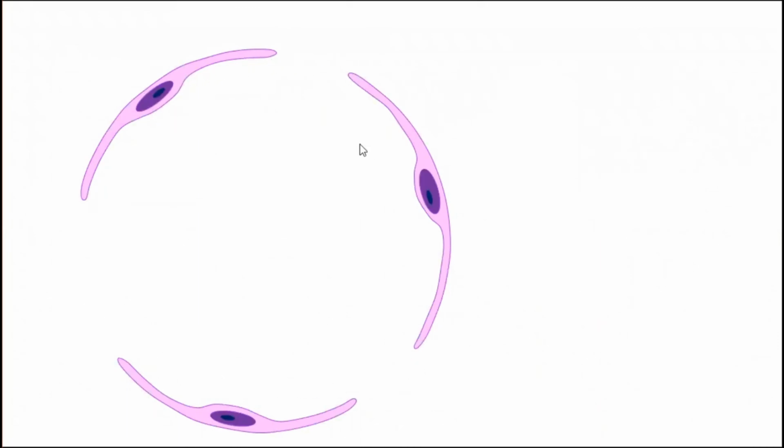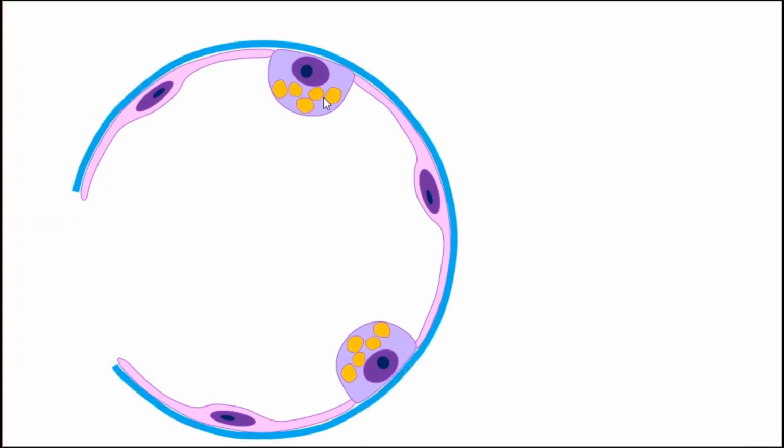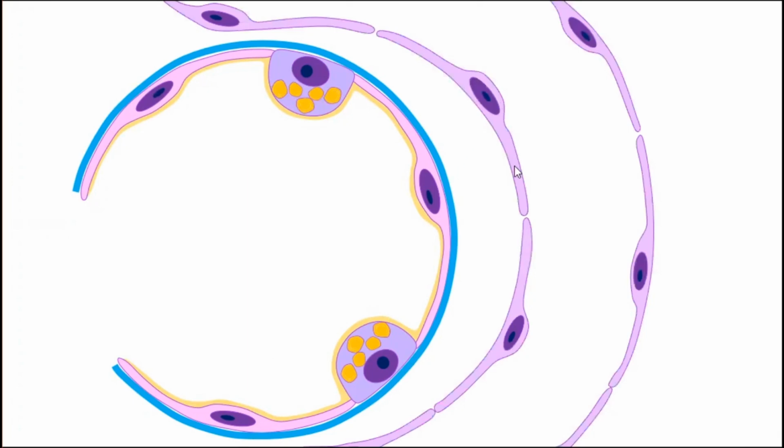Here we can see epithelium, type 1 alveolar cells, pneumocytes type 1, respiratory type. Also we have type 2 cells which produce pulmonary surfactant. Here is the basement membrane, and surfactant which lines the inner surface of the alveolus. Here we have a capillary. It's also lined with simple squamous epithelium, which is called endothelium.